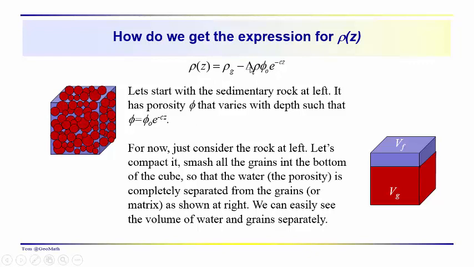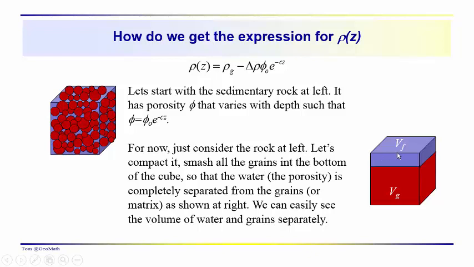So to get to this term up here, we're going to take a typical rock. It's got a lot of grains in it. It's got water-filled pore spaces, and we're just going to squash all the grains down into the bottom of the cube. So we have a volume of grains, and then we have the volume of the fluid up here, and they're completely separated, and we can see what the separate volumes are.